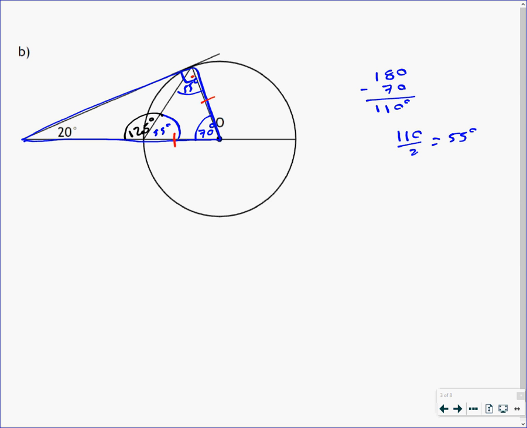So 180 take away 145, this angle up here has to be 35 degrees. Okay? We could also fill in the size of this angle here. So if this angle on the left is 70, this angle here has to be 180 take away 70, which will be 110 degrees. Okay, that's angles within circles.